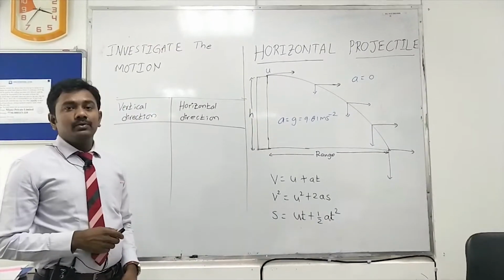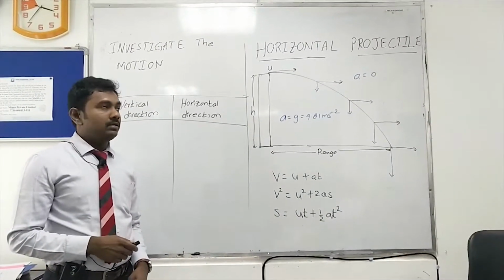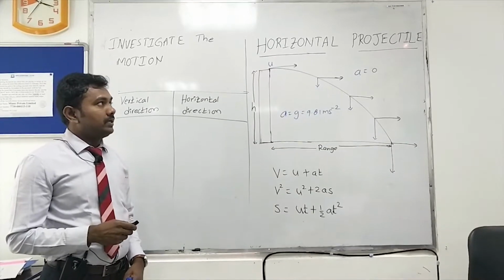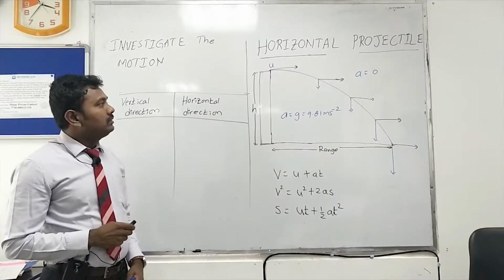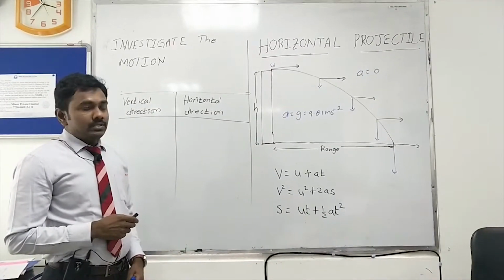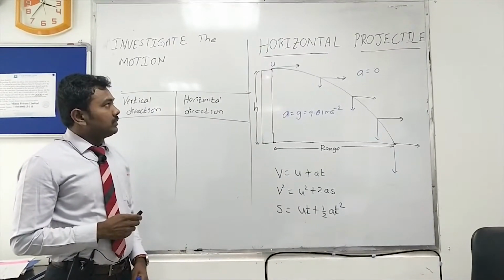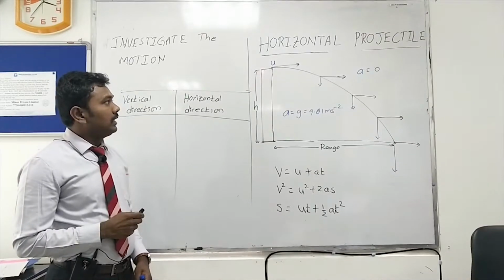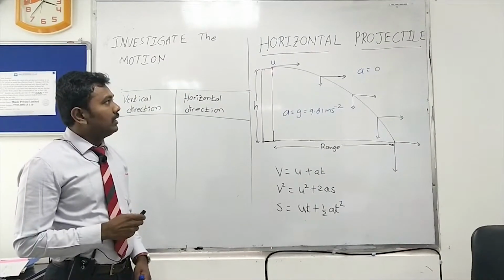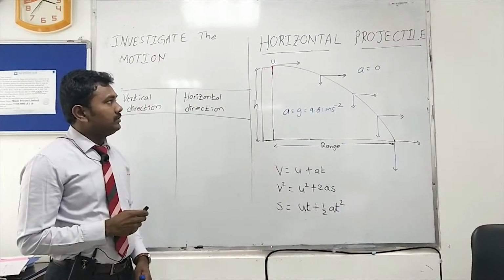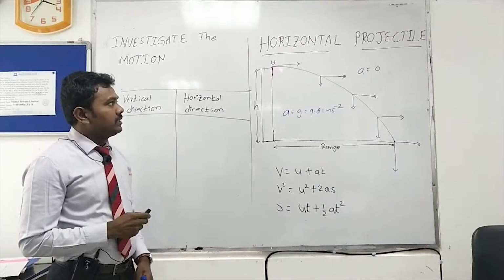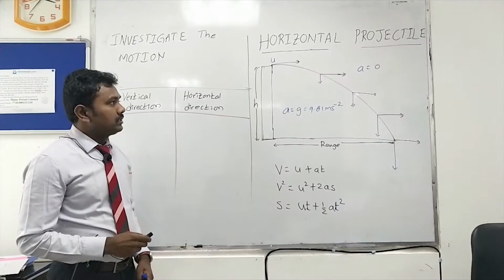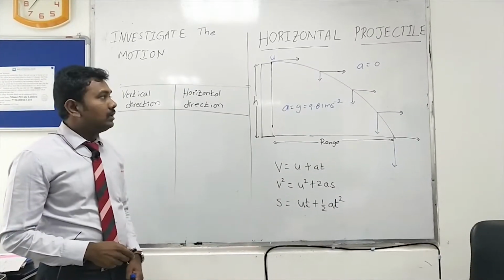So here we are going to investigate the horizontal projectile motion. Here I have the diagram. We can see an object launched from a cliff of height h with an initial velocity u, taking a parabolic path.